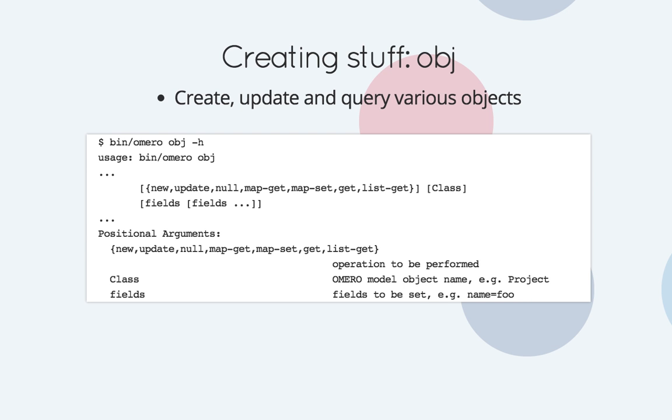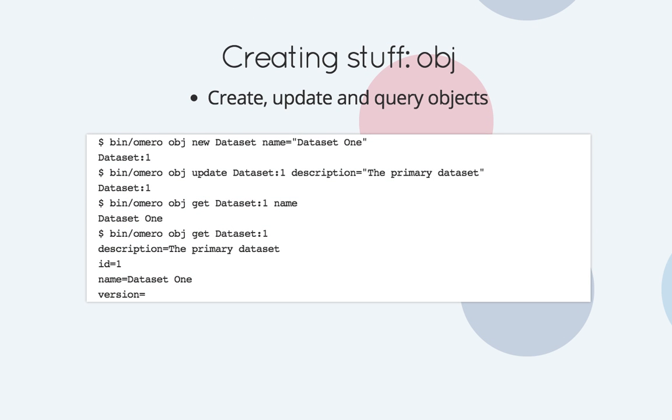We can also deal with map annotations and fields within objects that are lists. So all of these things are available to us. And as you see here, we can give the class, so the name of the model object, for instance a project, and then we can give it the fields we want to set or nullify or get, for instance.